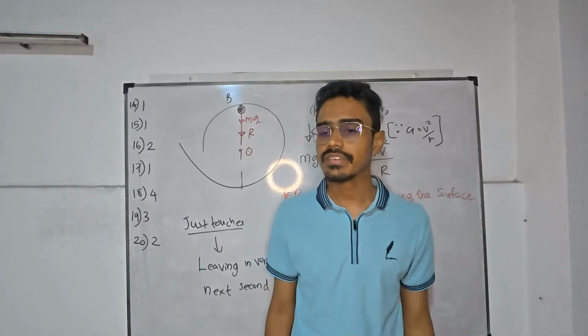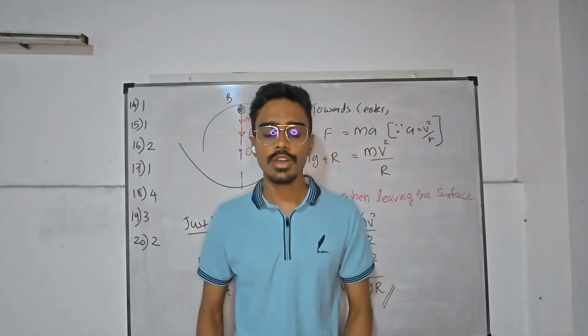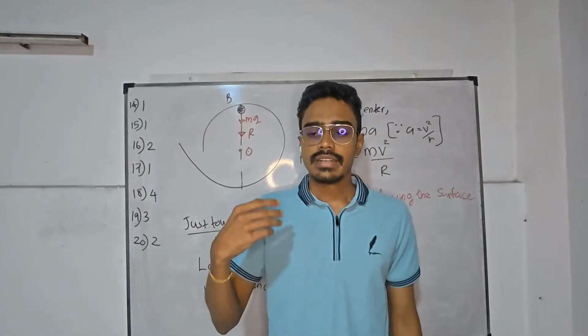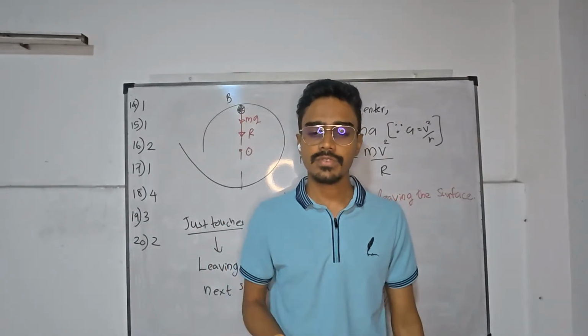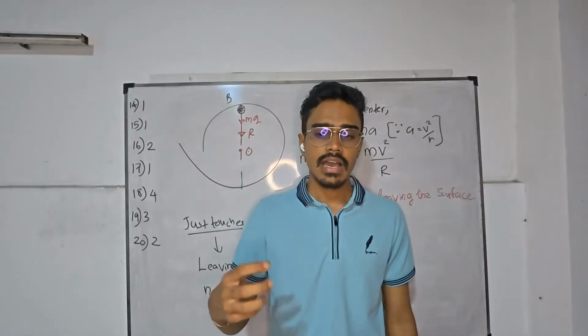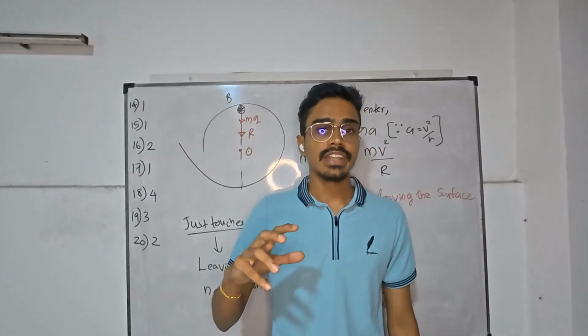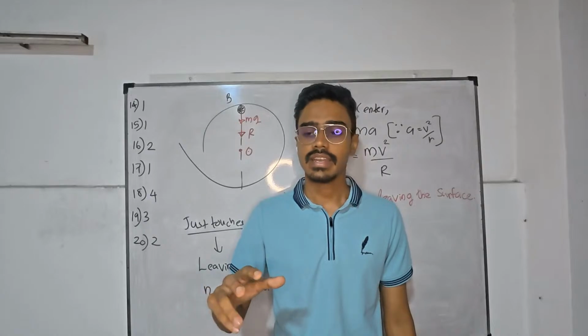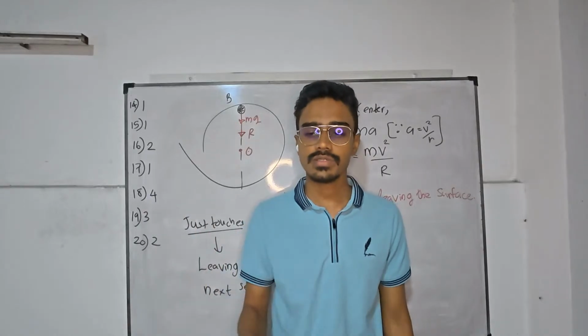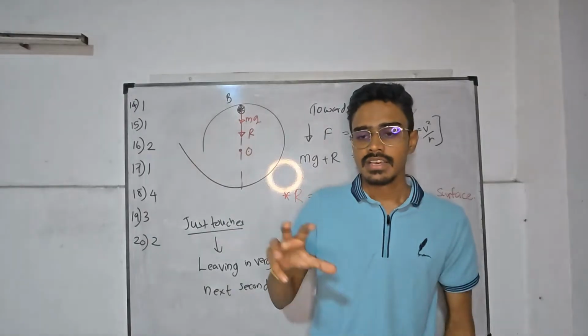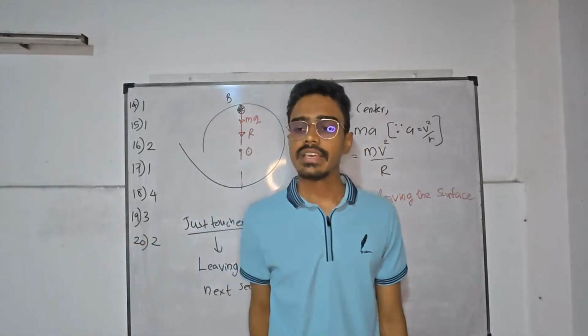I hope you got something from this, take this knowledge forward, do more questions, and fine tune the skill you got today and your circular motion. Then you don't need to worry about circular motion. Likewise, part by part, you can polish up your parts in our syllabus and get ready for the exam.